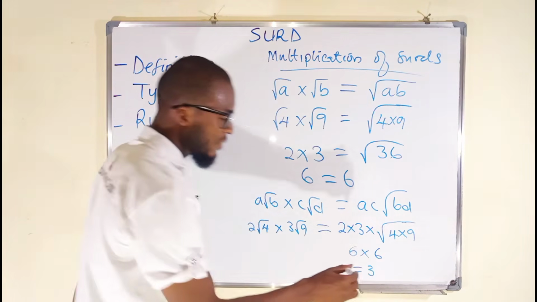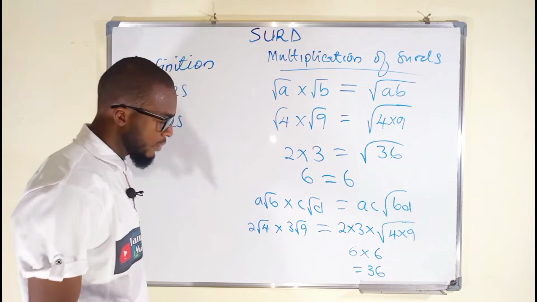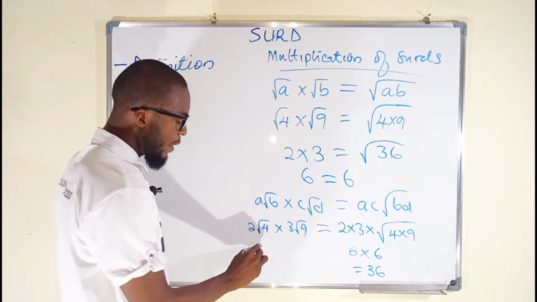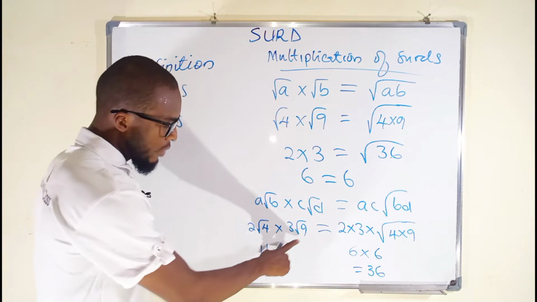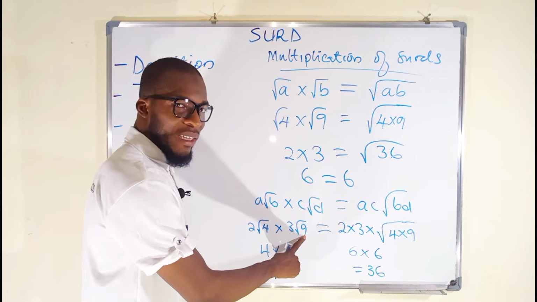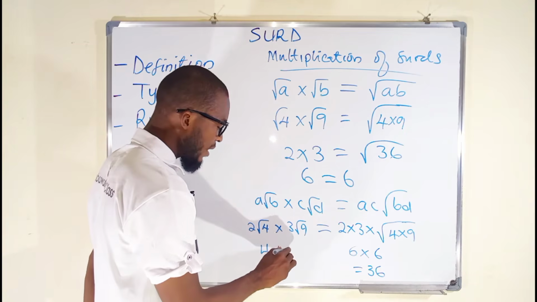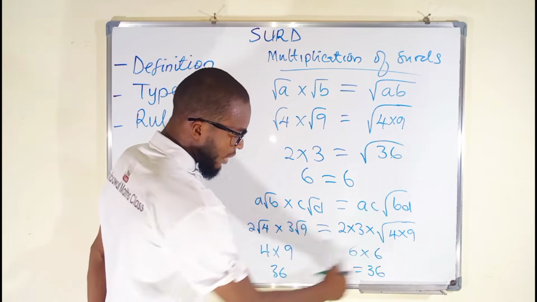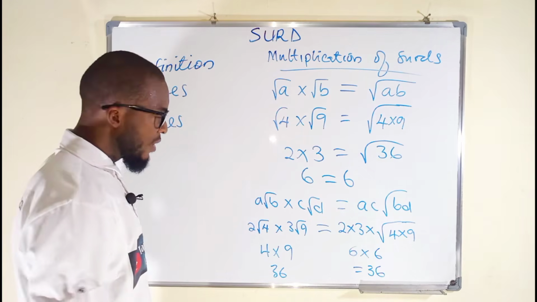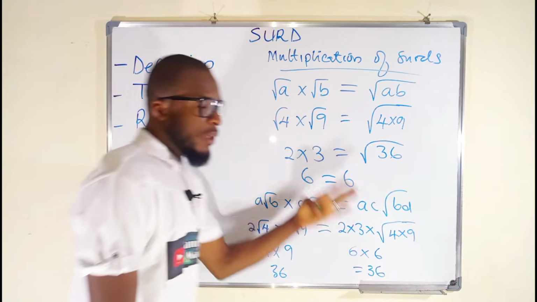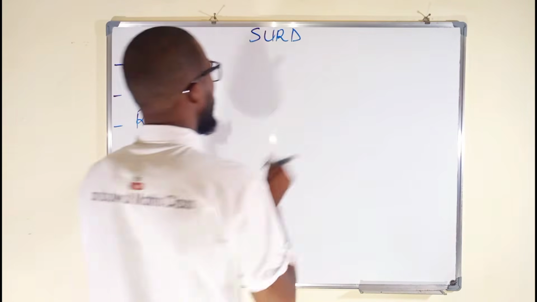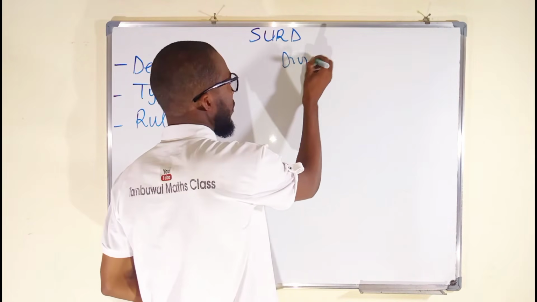You see, altogether we have 36 here. The same thing, you know, root 4 is 2. 2 times 2 is 4. This is root 9, which is equal to 3 times 3 is 9. And this time this is 36. You can see 36 equal to 36. So this is about multiplication. Now let us move on to division. Division.